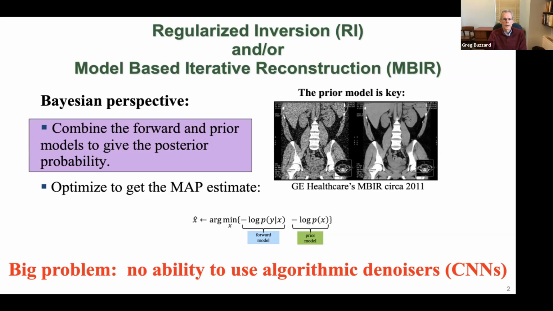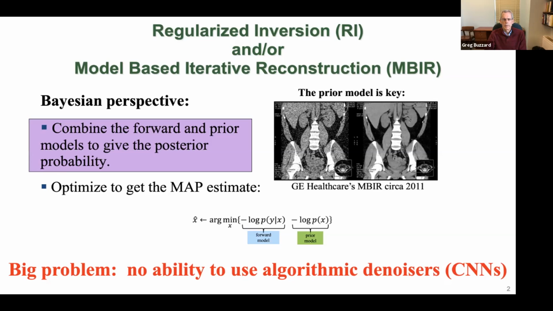In fact, this work started around 2012, 2013. Deep networks weren't really so big at that time, but there were still a lot of algorithmic denoisers. There's this denoiser called BM3D, which takes a noisy image in, gives you a clean image back out.